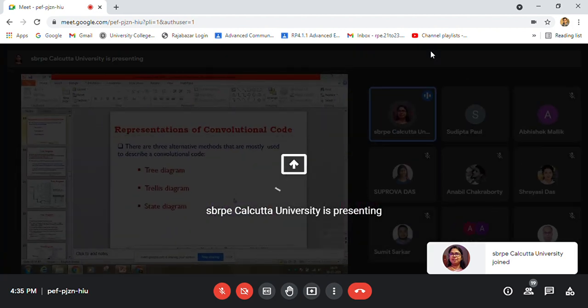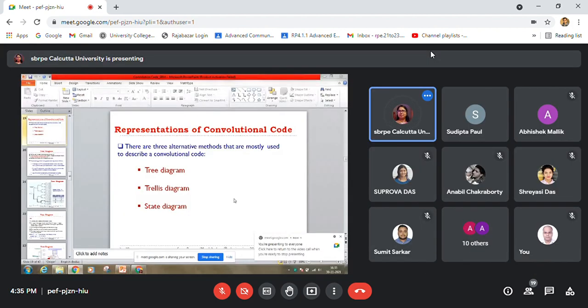These are the three types of decoding: by means of the tree diagram, trellis diagram, or the state diagram, you can decode the information or message received at the receiver section.